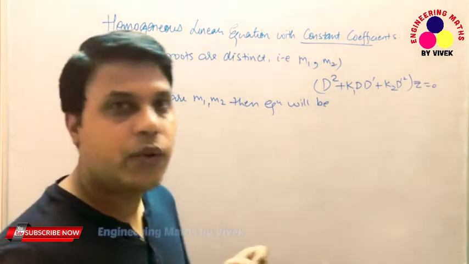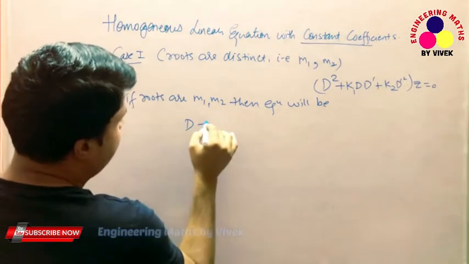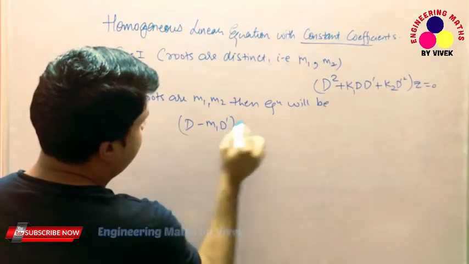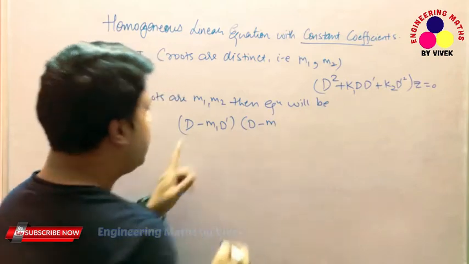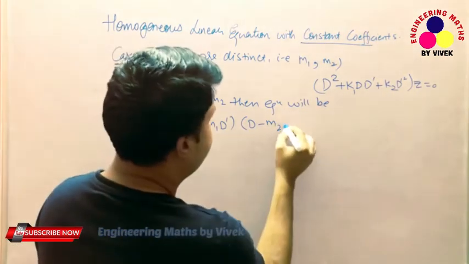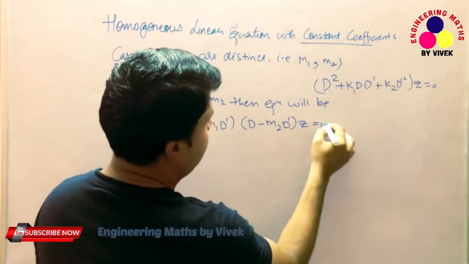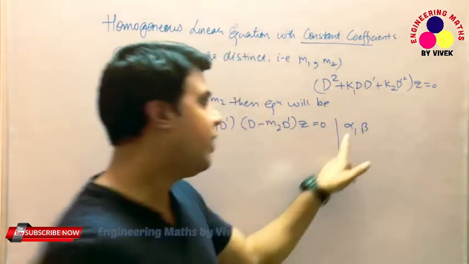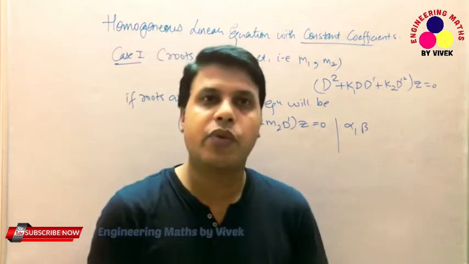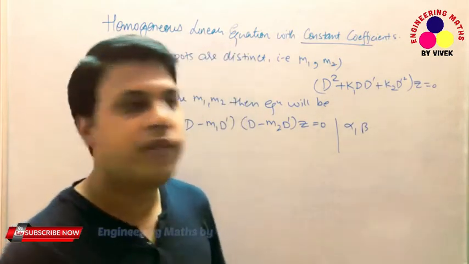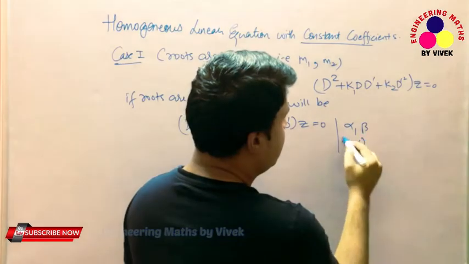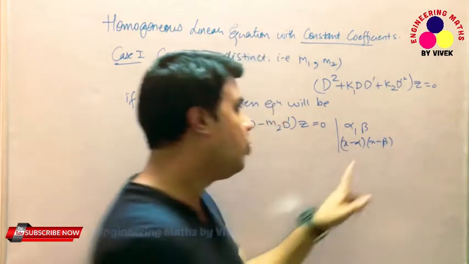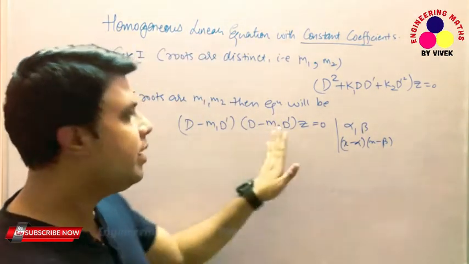Then what will be the equation? Because if alpha and beta are the roots of a quadratic equation, then the quadratic equation will be given by this. Hope you understand now why I have written it in this format.